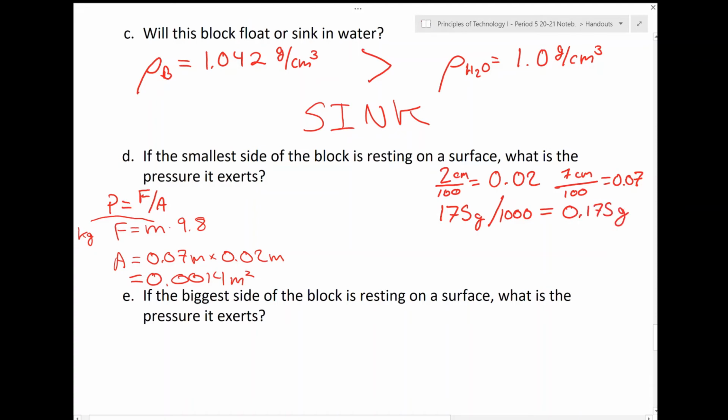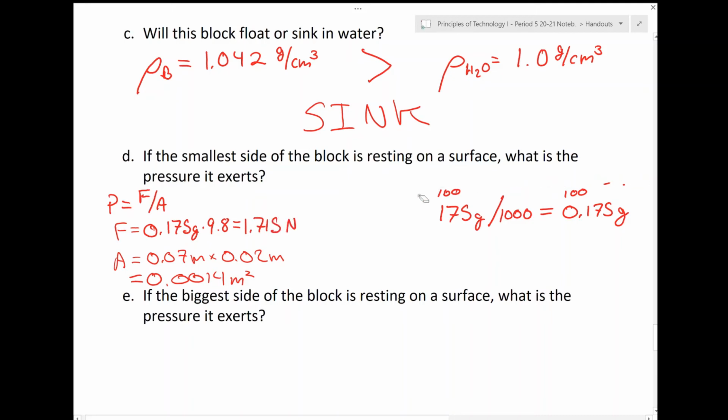So to find the force, we take 0.175 kilograms times 9.8, giving us 1.715 newtons of force.